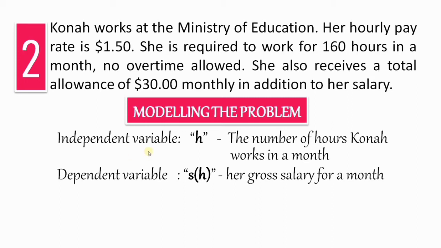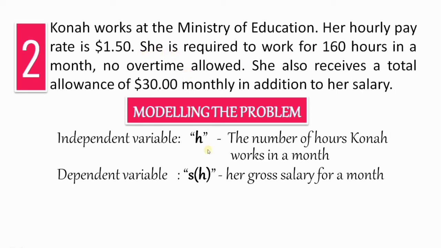Okay, so the next thing has to do with us modeling the equation for this problem. Her gross salary will actually come from the monthly allowance plus the hourly rate multiplied by the number of hours that she will work.